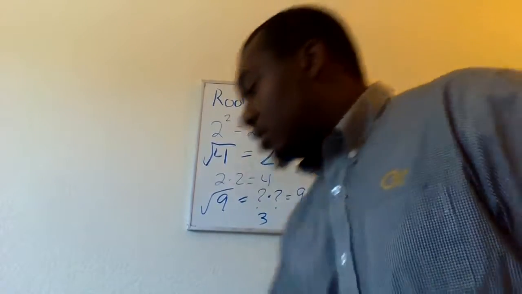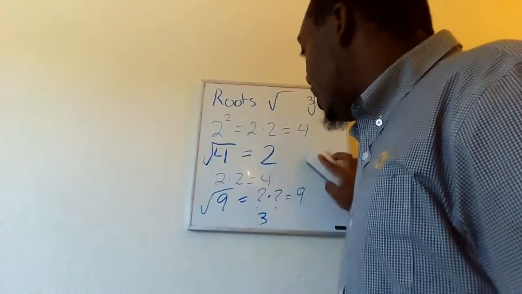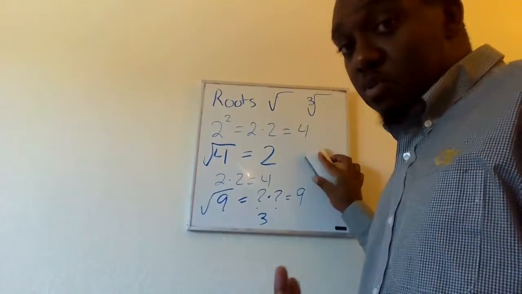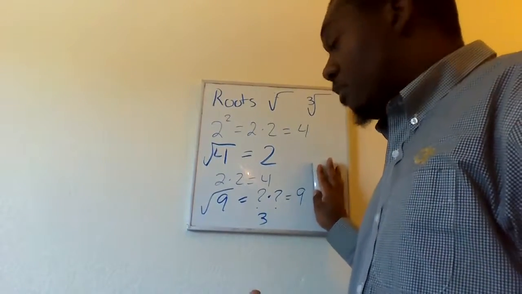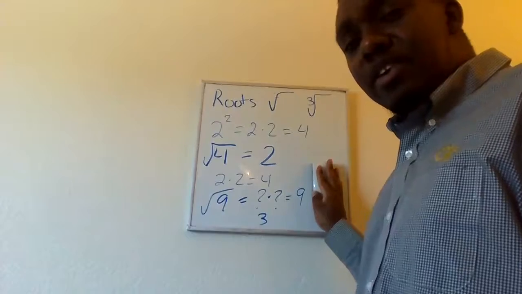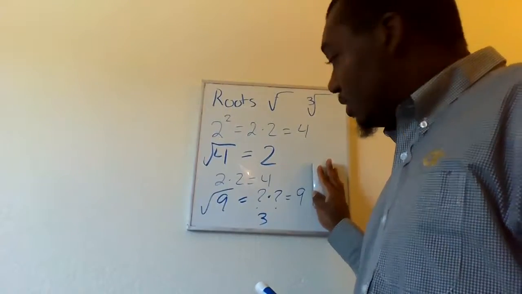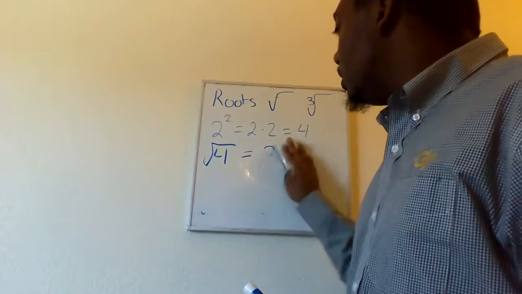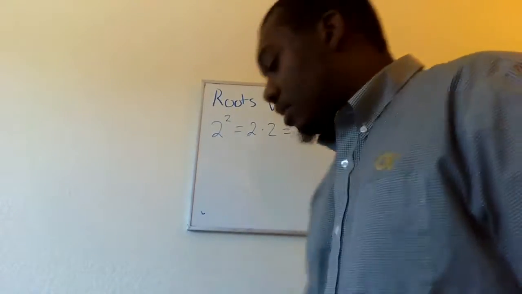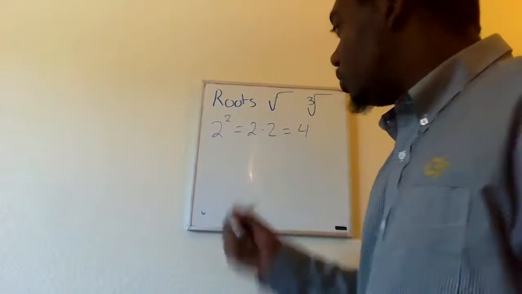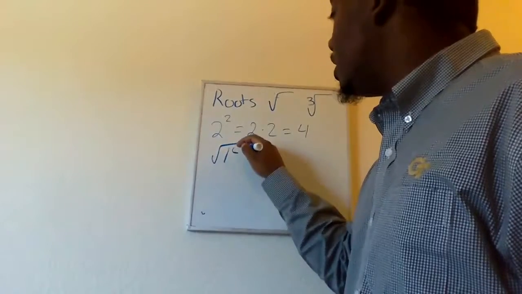So let's say you had a larger number that you were unaware of exactly what the square root would be. Is there a way for you to estimate it? Well, yes, there is. So let's take good old square root of 144.